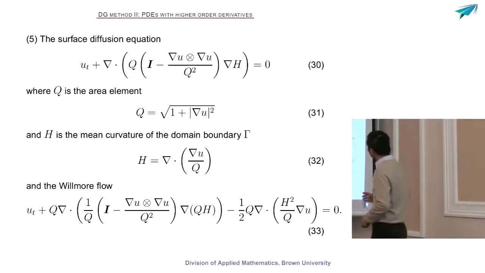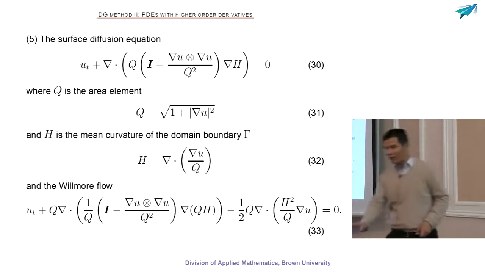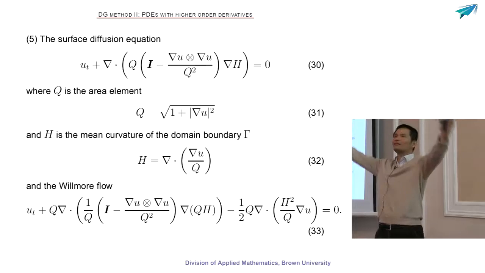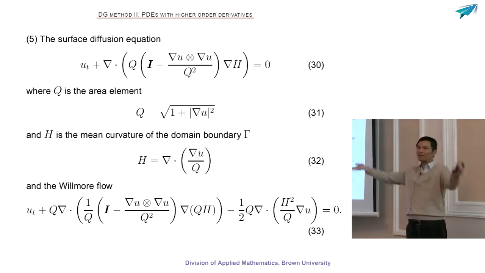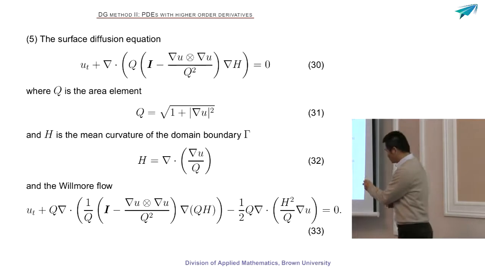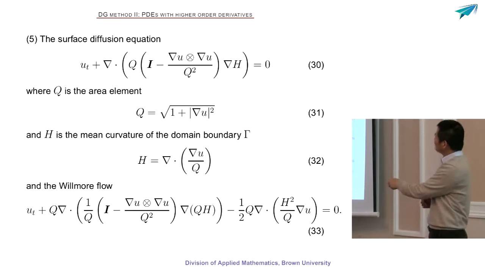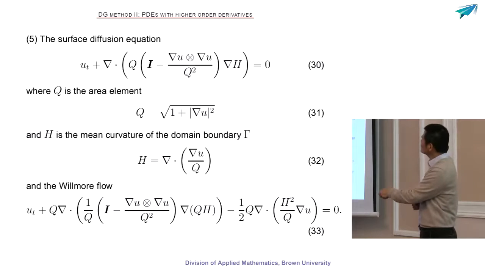Okay, this is surface diffusion. I'm told that this is the diffusion on, for example, the sphere, the Earth, diffusion on a manifold, right? You have diffusion not on the plane, but diffusion on some manifold. But when you write it down, it looks like that. I think Q is the area element, and H is mean curvature.